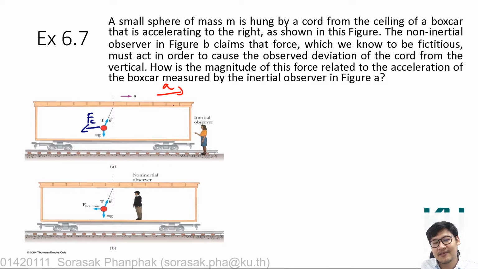This is Fc, which is the centrifugal or fictitious force here. We write it: the fictitious force is equal to the force that moves this train forward, also ma. As I said, I consider only magnitude here.